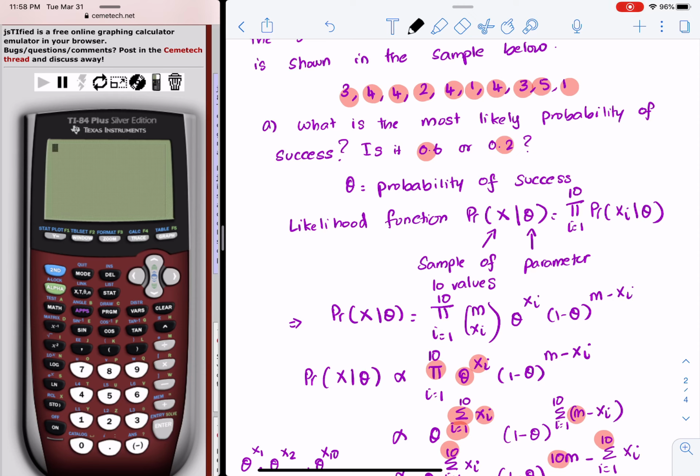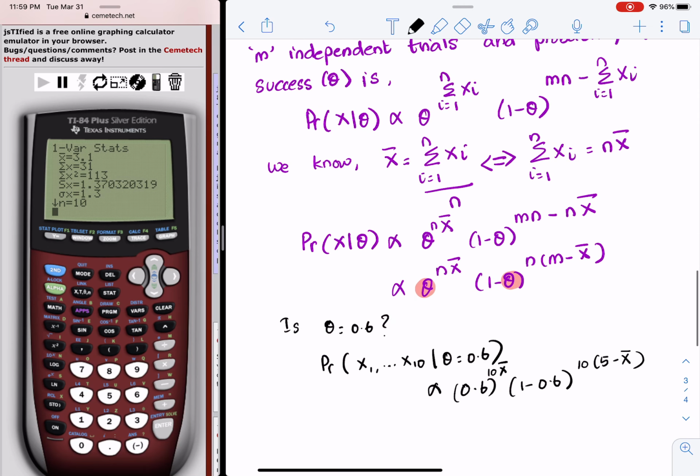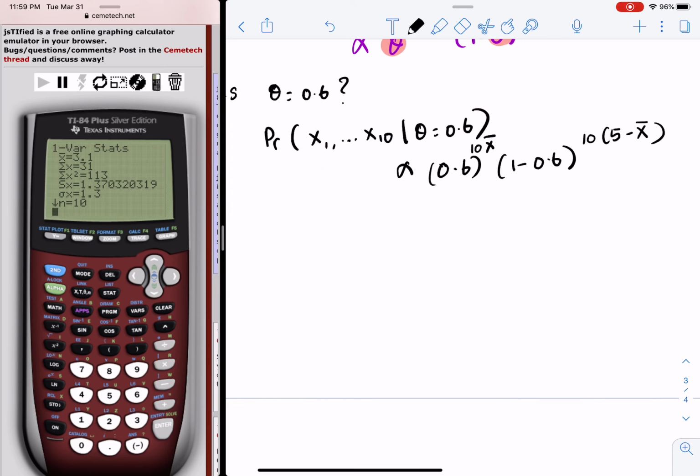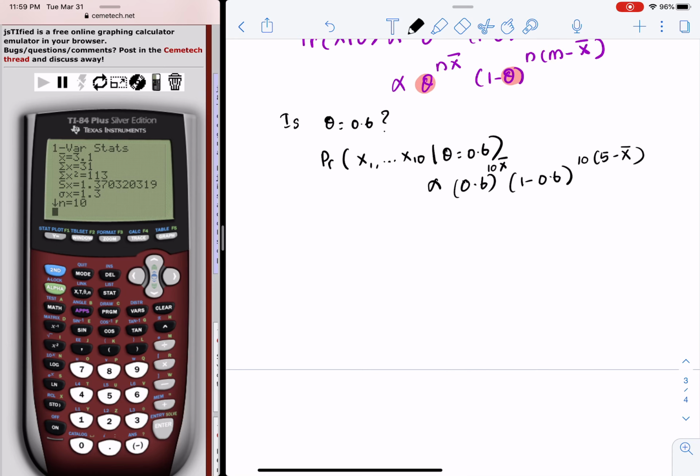Second mode to exit. And I'm going to do one variable statistics of the data in list 1. I end up getting the mean to be 3.1. That is the sample mean.